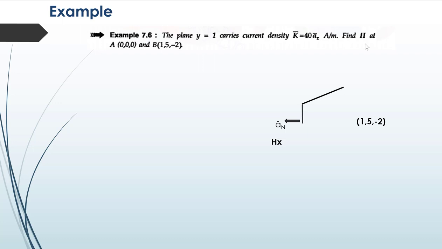So we have to find H at A, that is the origin, and at point B, that is (1, 5, -2). But the plane which is carrying current is placed at y equal to 1.